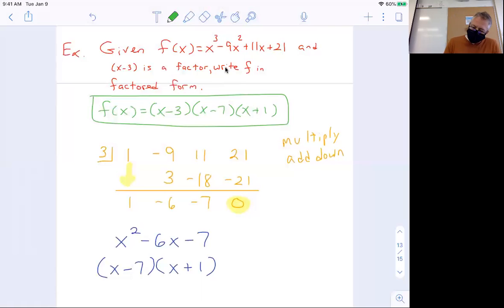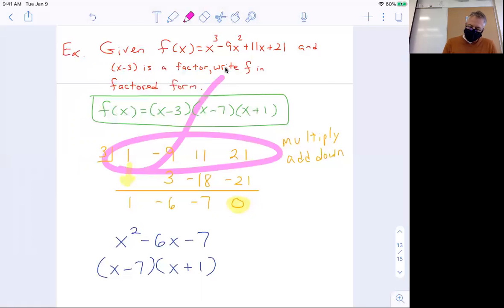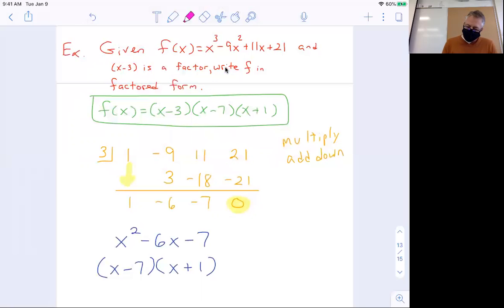All right, so to restate the process, this is my synthetic division process. It told me that x minus 3 was a factor, so that gave me this little 3 inside the box. These leading coefficients came from here. And then in that synthetic division process, I brought the first number down, multiplied, 1 times 3 was 3, and add down.